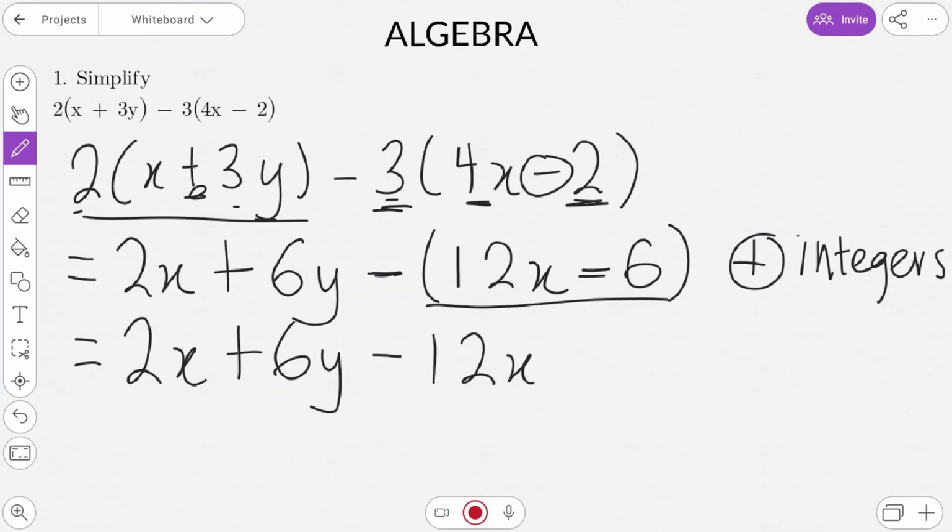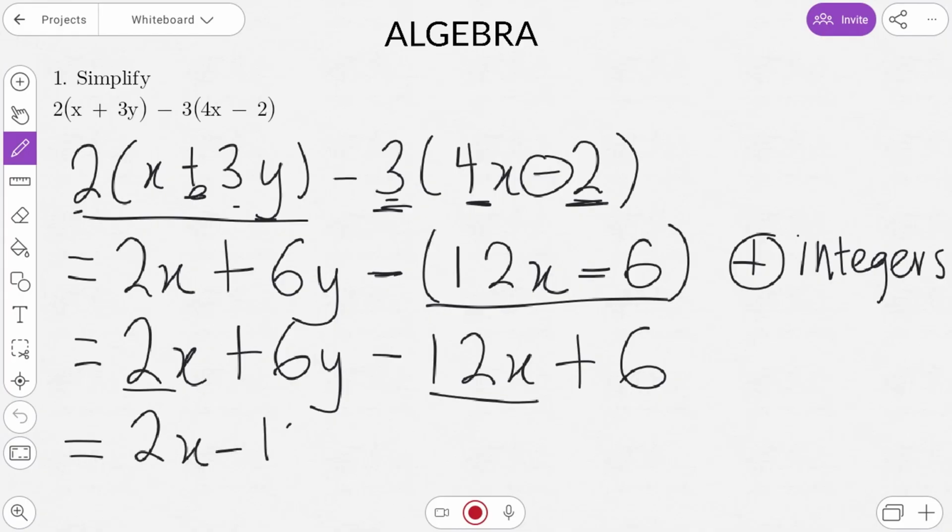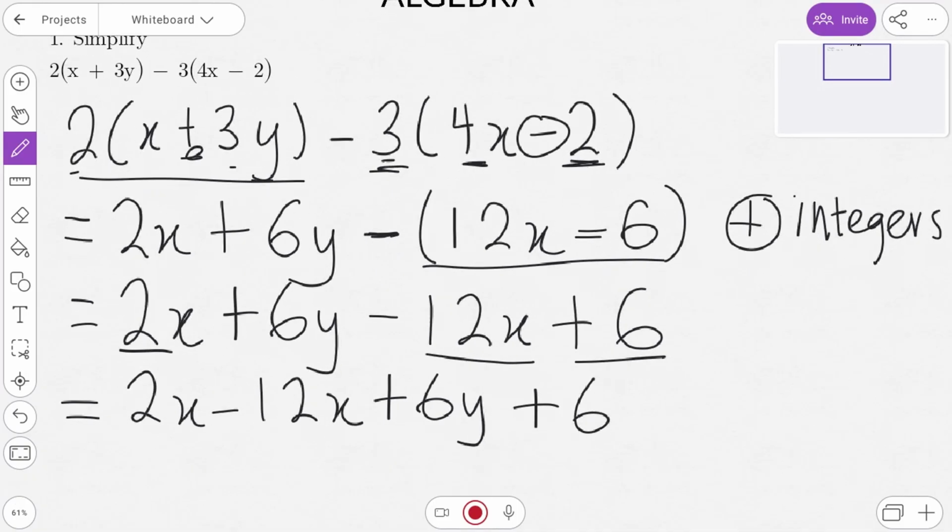Alright, so now we'll group like terms as we know, basic math, plus 6y plus 6 without any variable. So we move on to get more space.